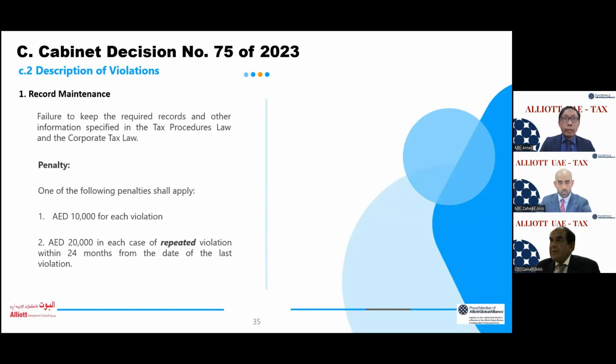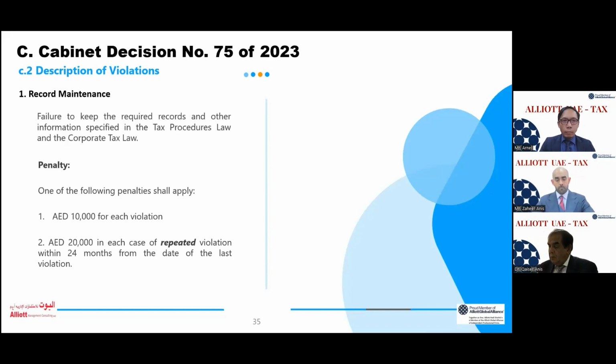I think because of the arrival of value-added tax and the excise tax, most of the companies in the UAE have already improved their record keeping. So we are already familiar with this type of non-compliance. However, there will be different rules when it comes to violations of corporate tax in the UAE.